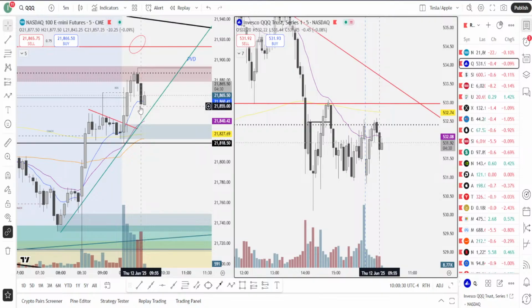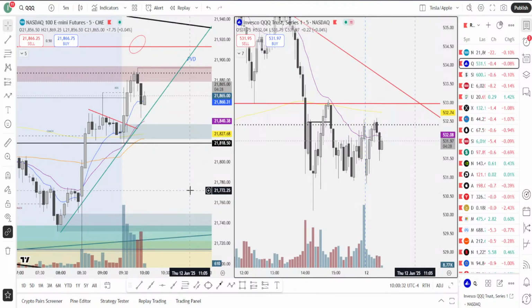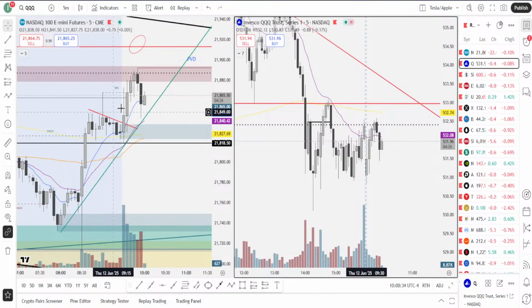It's starting to look like a higher low here. Starting to give that look.